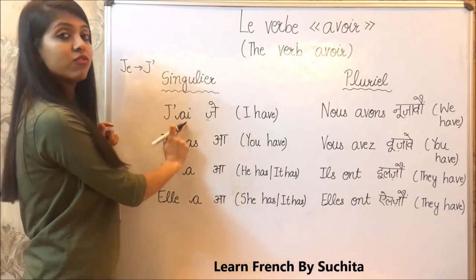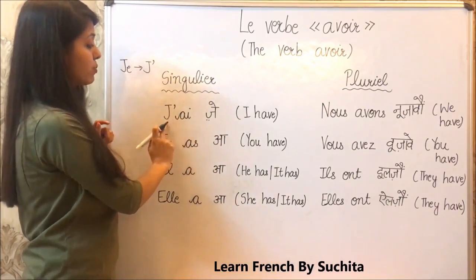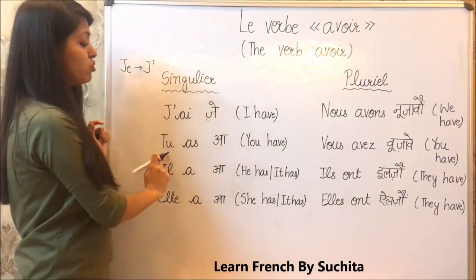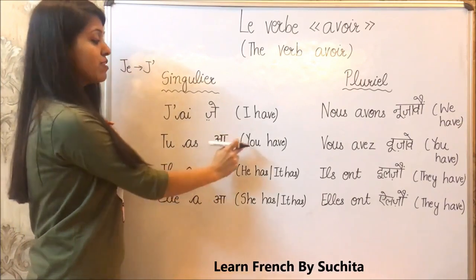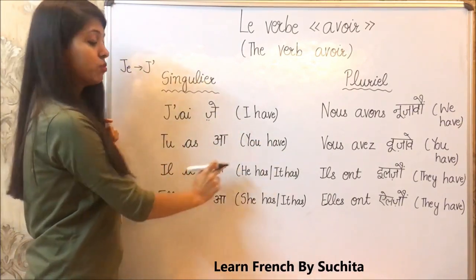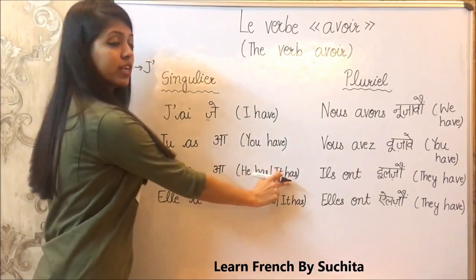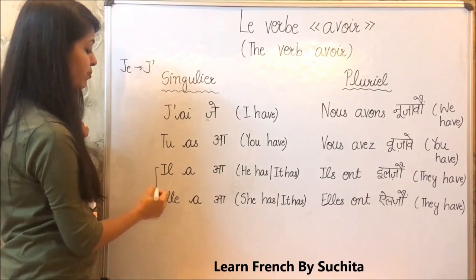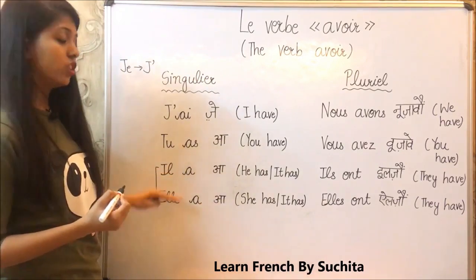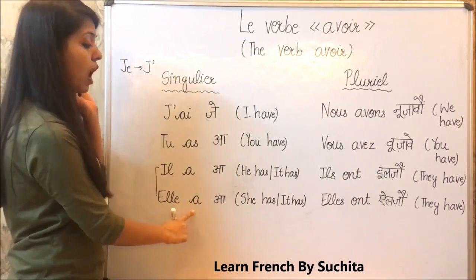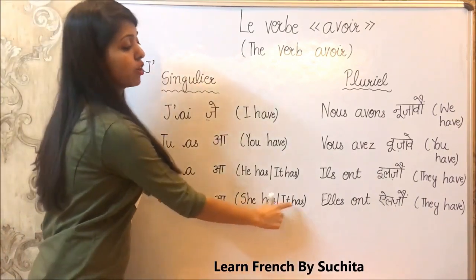So in this case we have the vowel a, so it becomes j'ai, which means I have. Now tu as, which means you have. Il a, which means he has or it has. I told you in the last video that il and elle always have the same conjugation. So elle a, which means she has or it has.